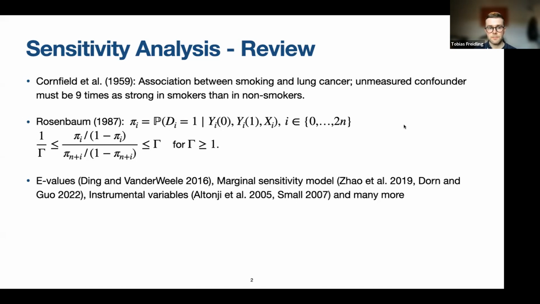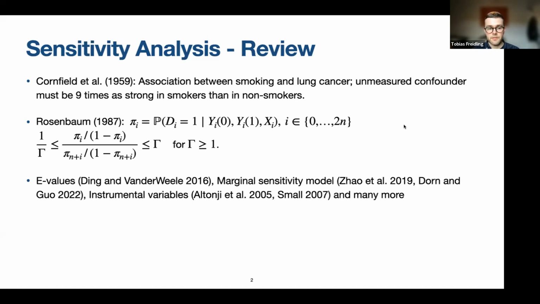matched study where patient i is matched with patient n plus i. And the sensitivity model includes a bound on the odds ratio of the treatment assignment probabilities. Now, in recent decades, there has been a lot of new work on sensitivity analysis.